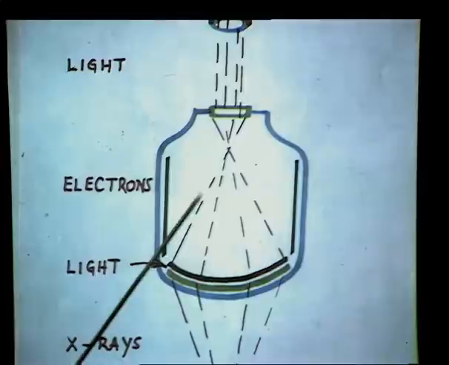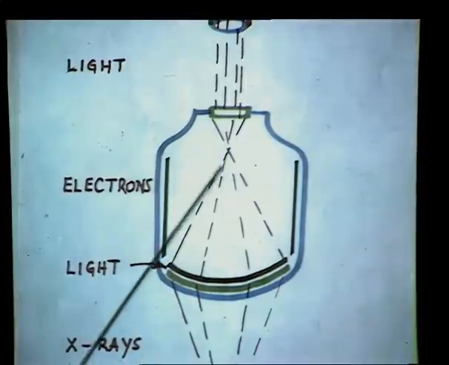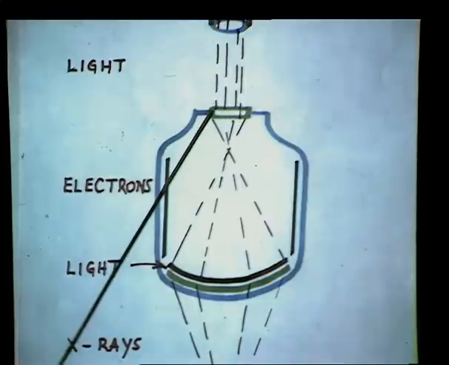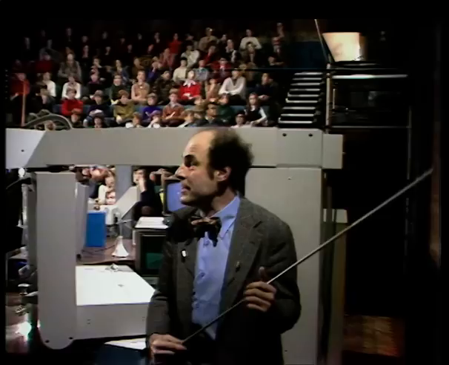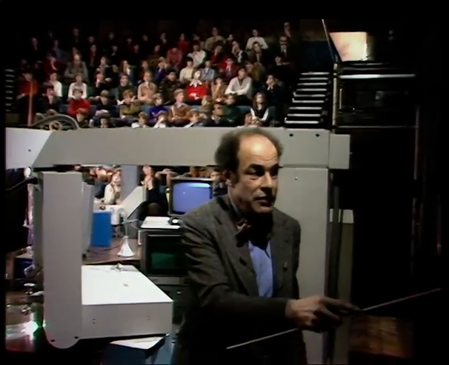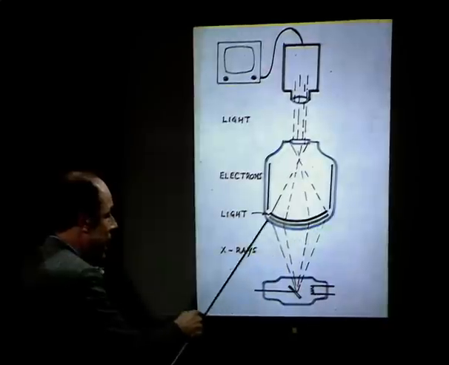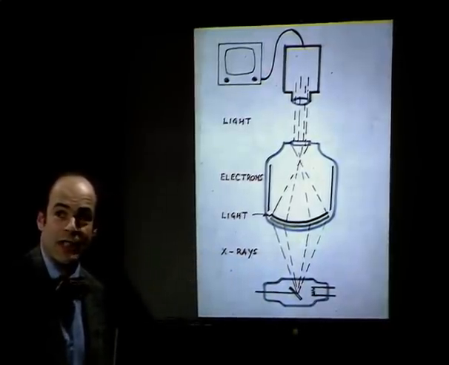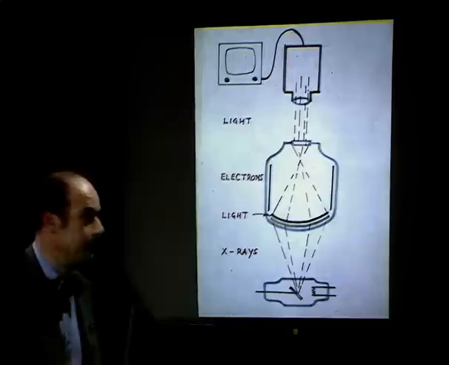But in addition to that, we've been able to make the electrons go very much faster, because we've got a high voltage difference inside this tube, so that the picture which appears on this tiny fluorescent screen here can be between 3,000 and 5,000 times brighter than the picture which we started off with on this large screen down here. And hence the name of this device as being an image intensifier, because it makes the image brighter.